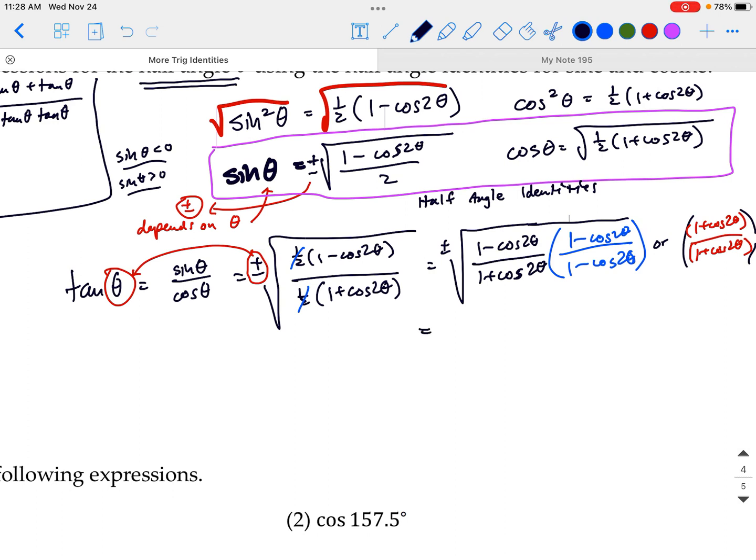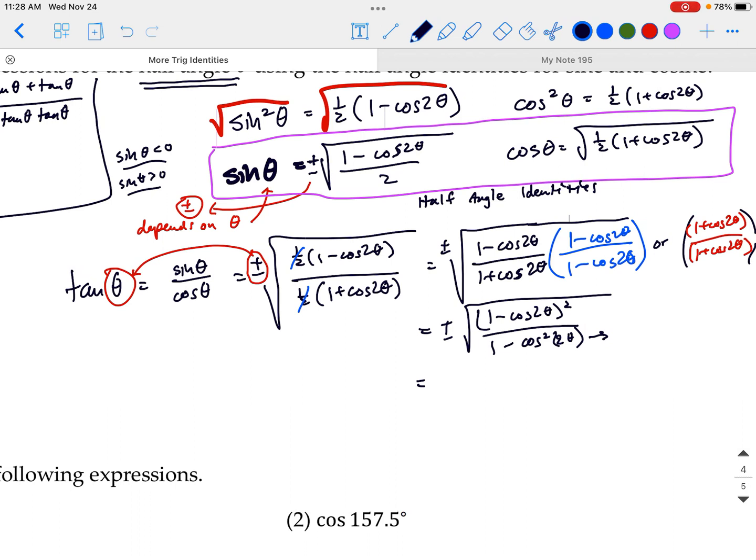We'll look at the blue version of this. So we'll have plus or minus the square root of 1 minus cosine 2 theta squared on top, and then on the bottom we'll have 1 minus cosine squared 2 theta, which we can then simplify accordingly.